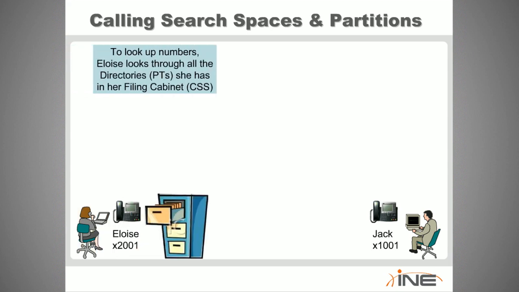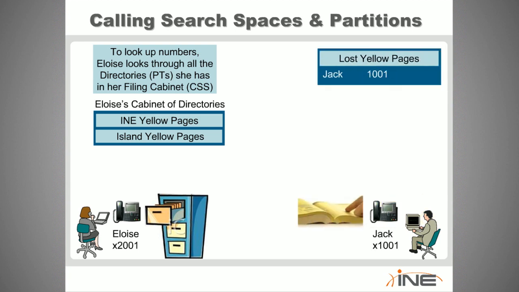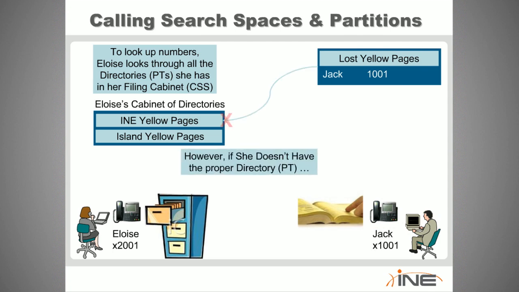Okay, so let's take a look at an example. Eloise at extension 2001 goes through all of the directories, or partitions, that she has in her filing cabinet, or calling search space, to try to call Jack at extension 1001. Eloise's cabinet of directories has the INE Yellow Pages and the Island Yellow Pages. However, Jack is in the Lost Yellow Pages.